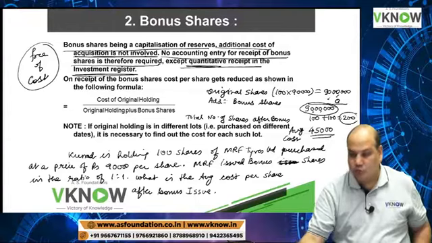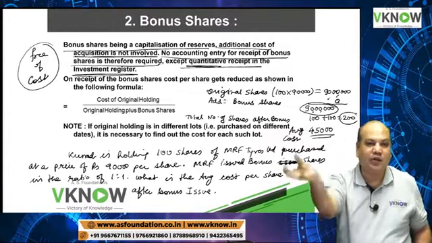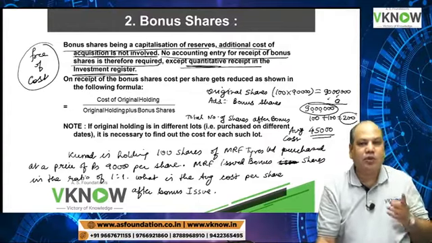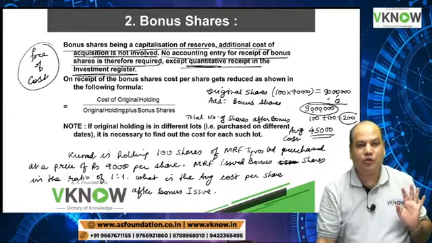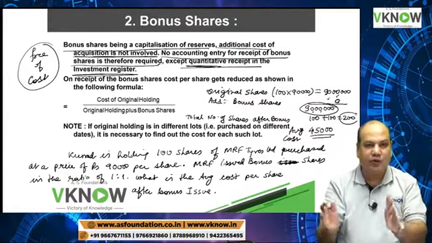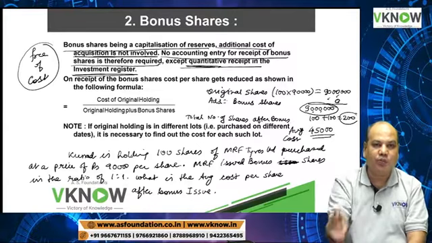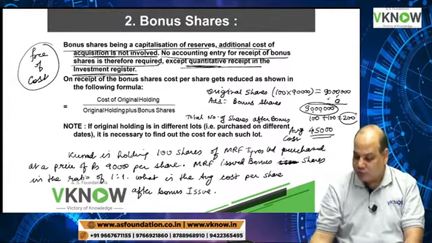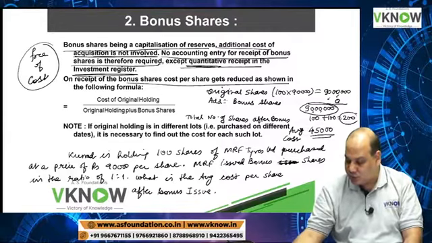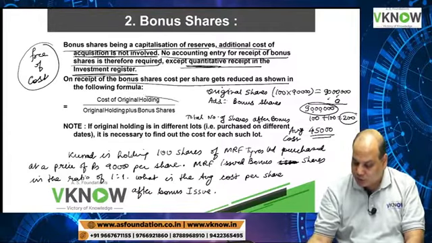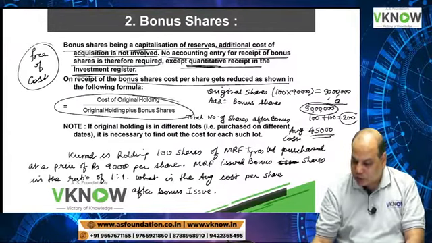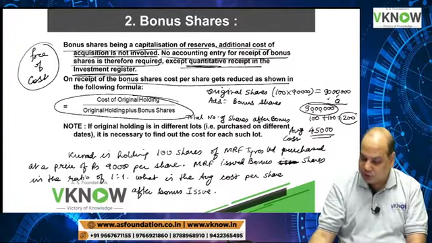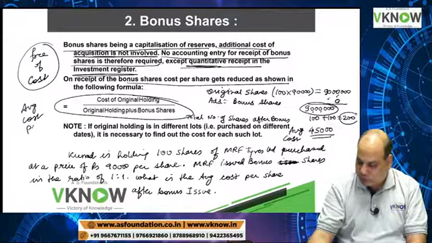So what I will do, in the number column I will add bonus share, but in the amount column I will keep 0. So when you prepare the investment account, in the number column you will write bonus share, in the amount column you will write 0. So what will happen to the cost per share? You see the formula here, the formula of average cost per share after bonus issue.